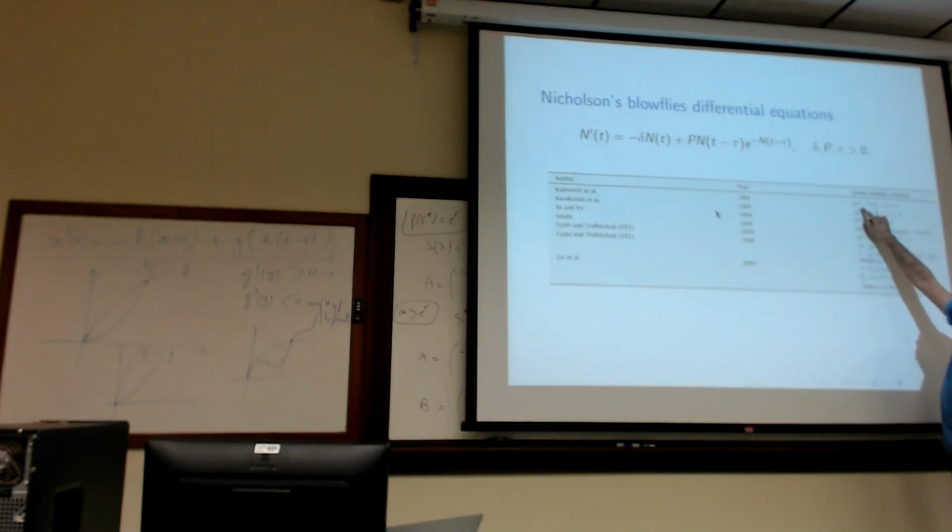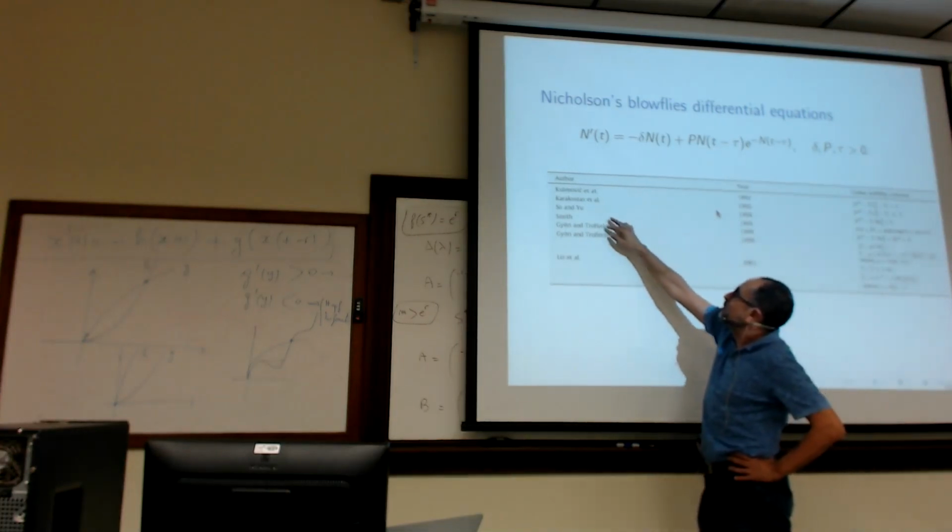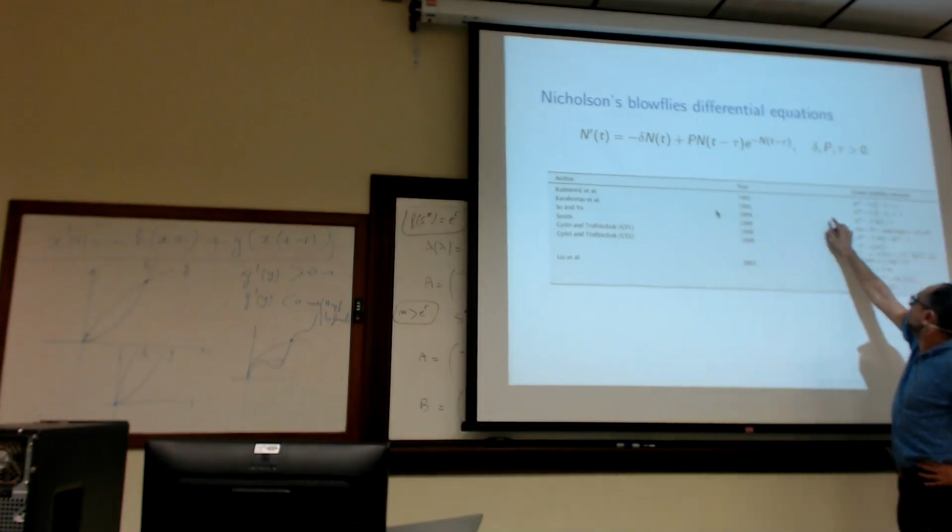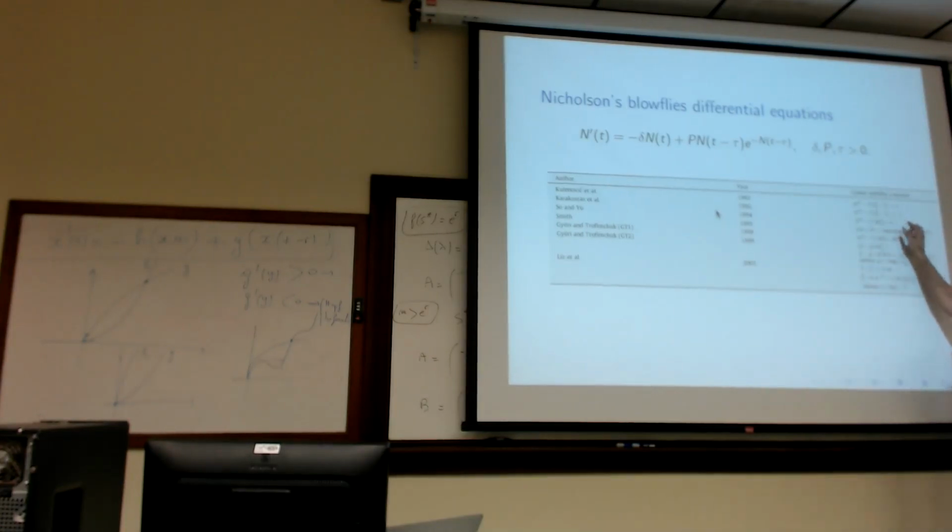This is exponential delta tau minus 1, p over delta minus 1 less than 1. And just after, in this year, with other people, they made a small improvement to prove that, in fact, we have global stability even if it's equal to 1. And it was proved by hand, because this is the limit of what we can do.